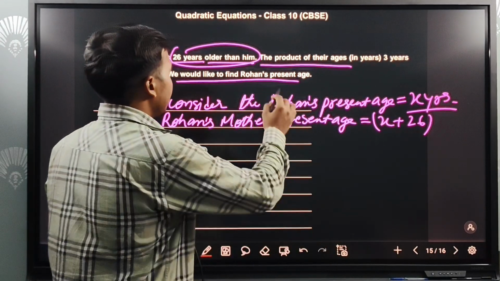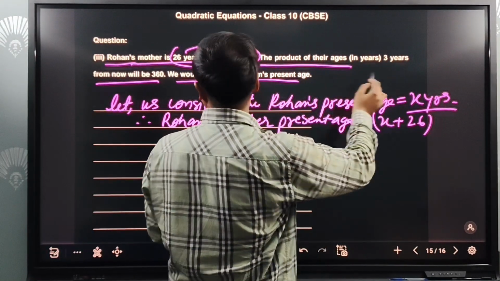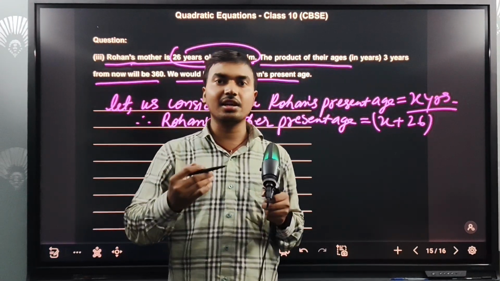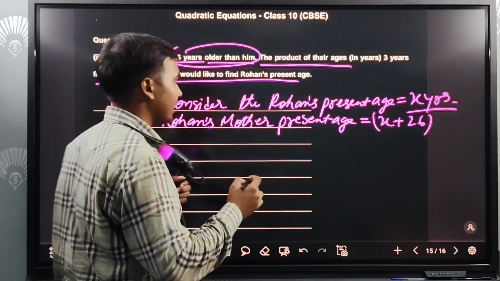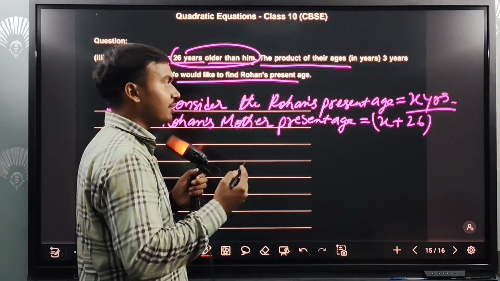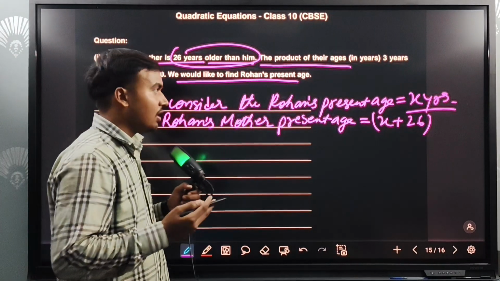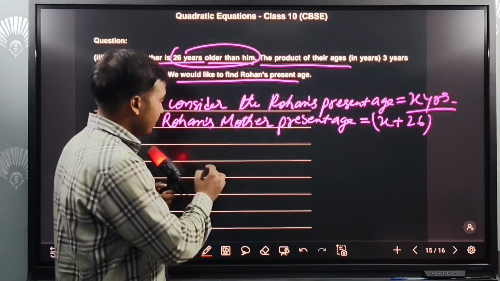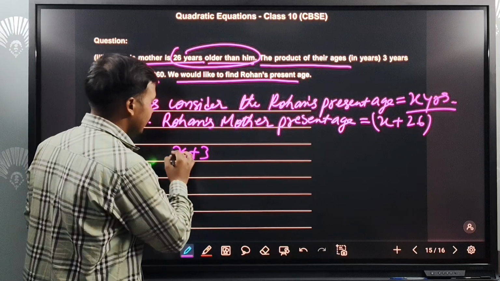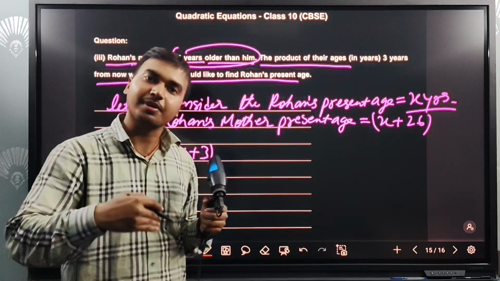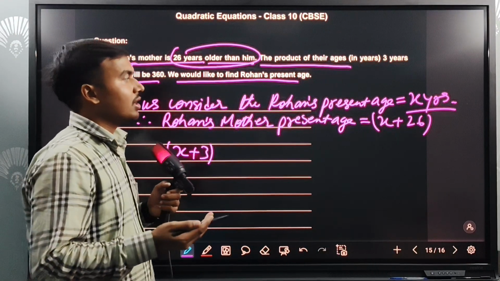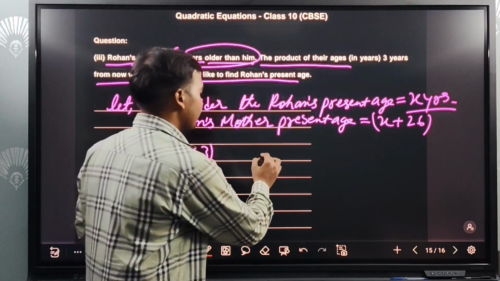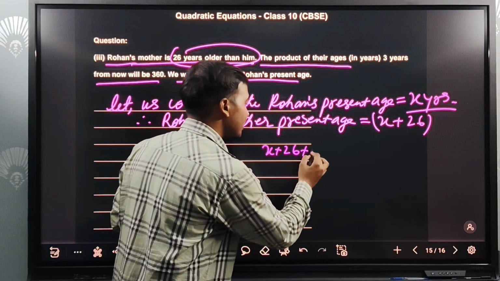Now, the product of their ages 3 years from now. It is not saying the product of present ages, it is saying 3 years from now. After 3 years, Rohan's age will be x plus 3. And Rohan's mother's age after 3 years will be x plus 26 plus 3.